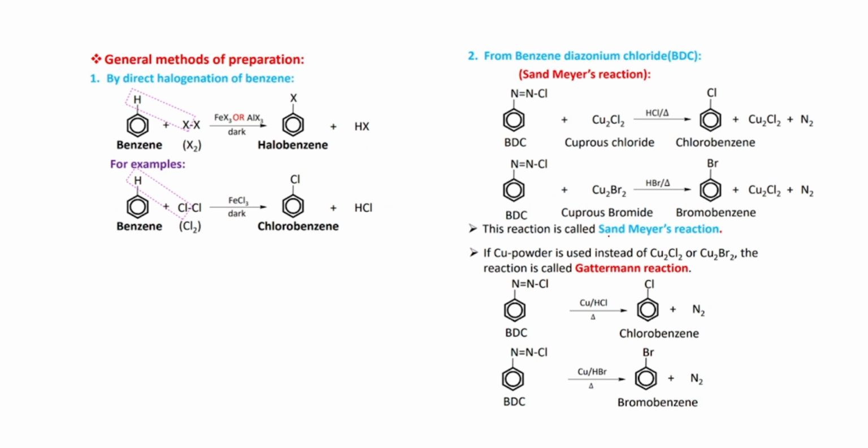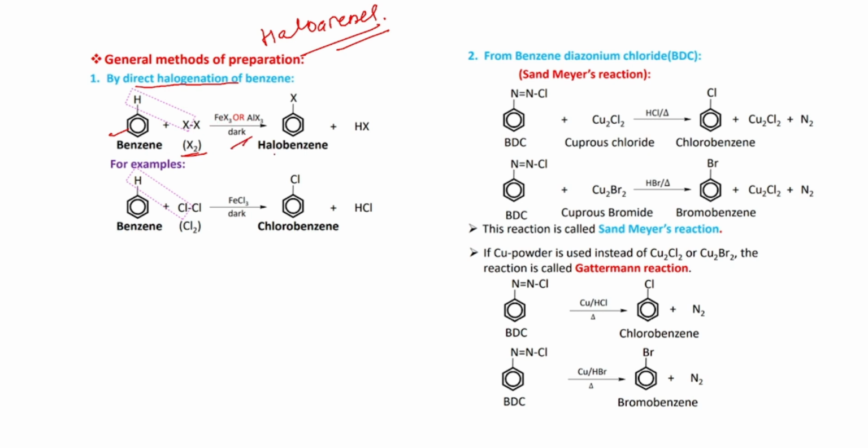So now the general preparation of haloarenes. Haloarenes. So first के हो, by direct halogenation of benzene. So this one is benzene ring. Benzene ring like directly halogen atom or halogen moleculeसँग react गराए in presence of FeX3 or AlX3.